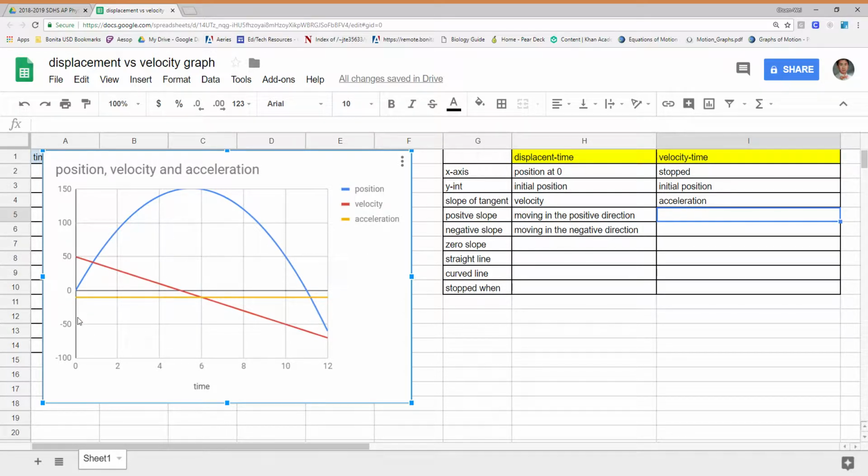That means the acceleration is positive. If you have a negative slope, that means the acceleration is negative. So here, positive acceleration. And here, this means negative acceleration.